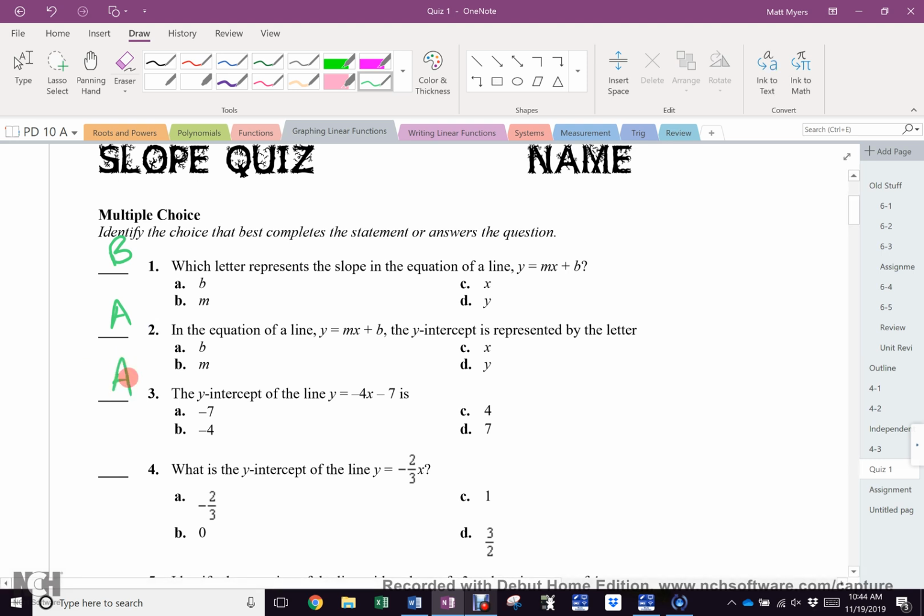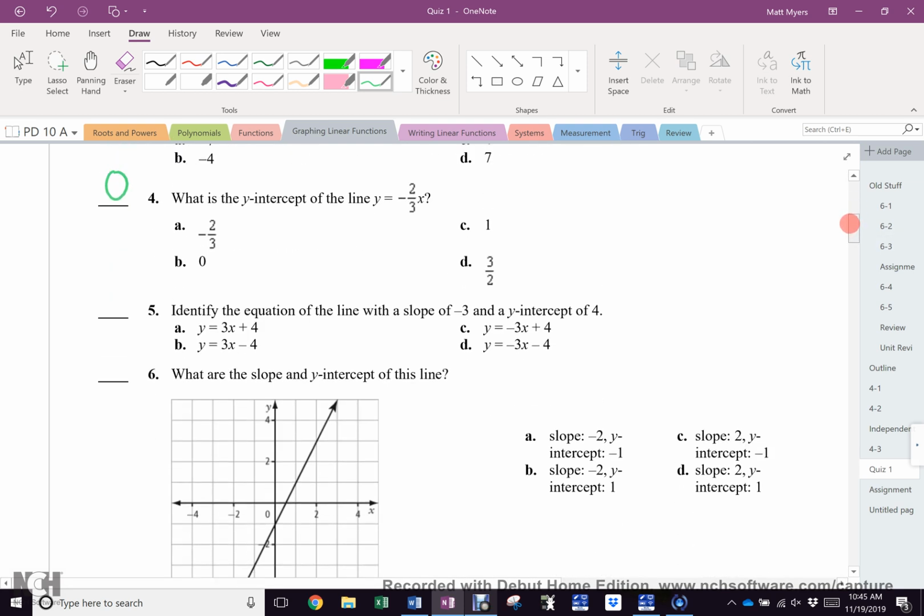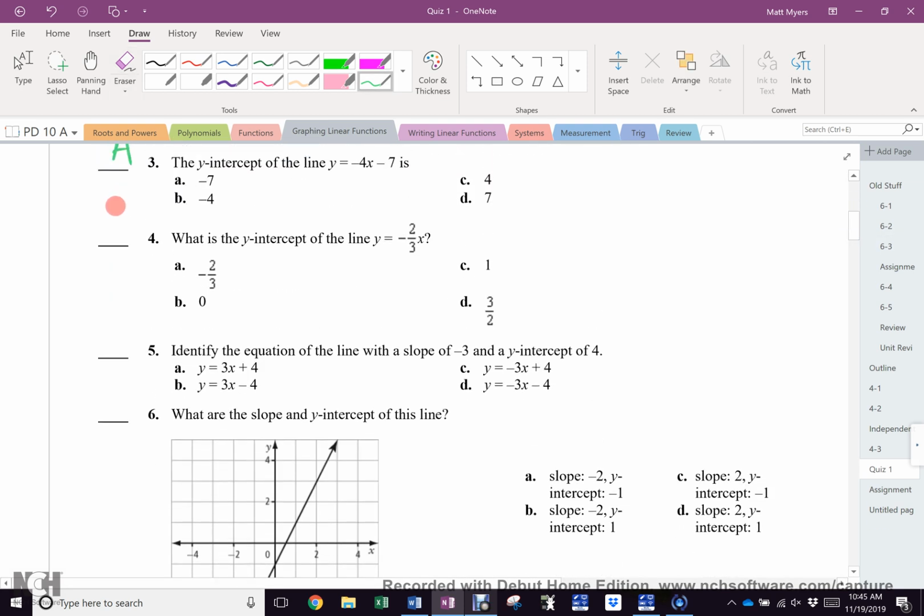A. -7. What is the y-intercept in number 4? B. 0. Oh, sorry, B. Which of those has the slope of -3 and the y-intercept of +4? C.